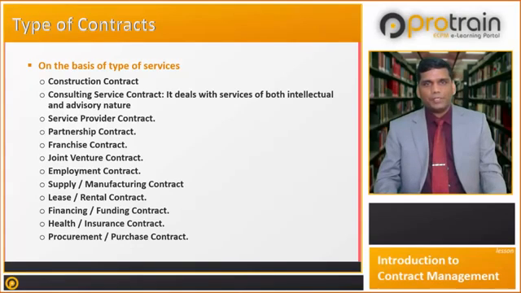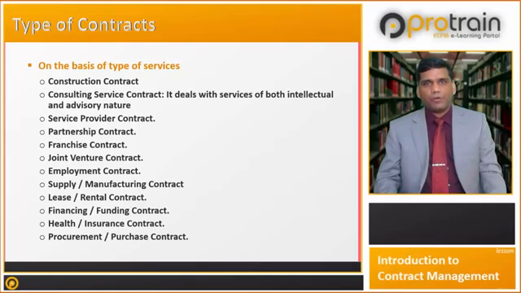Construction contract: it relates to construction involving either civil, mechanical, electrical and instrumentation engineering or a combination of these. Consulting service contract deals with services of both intellectual and advisory nature.